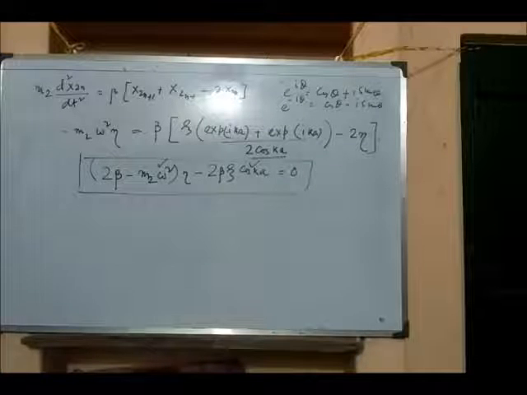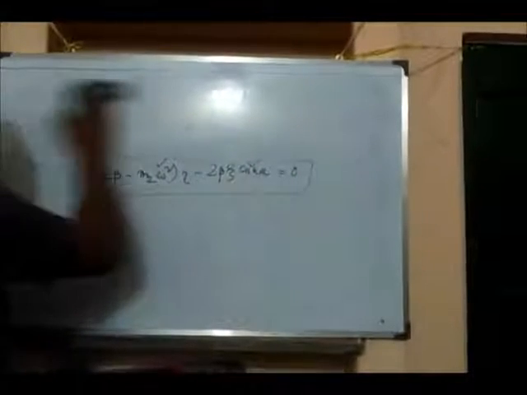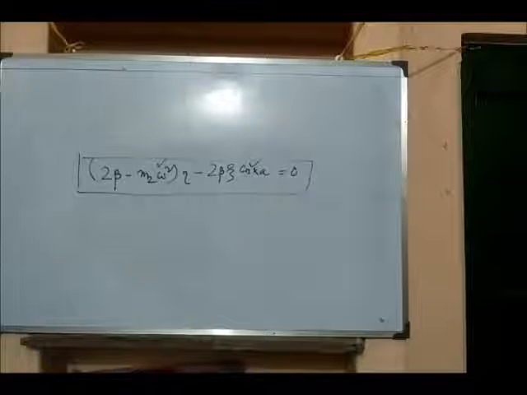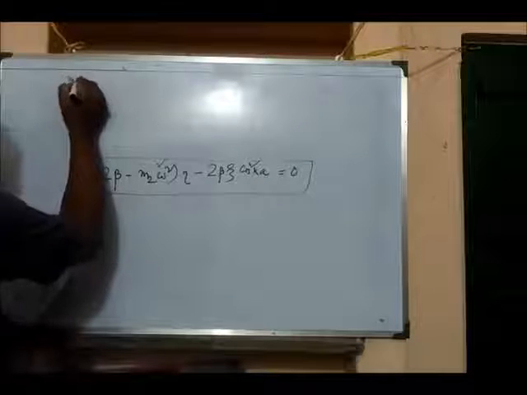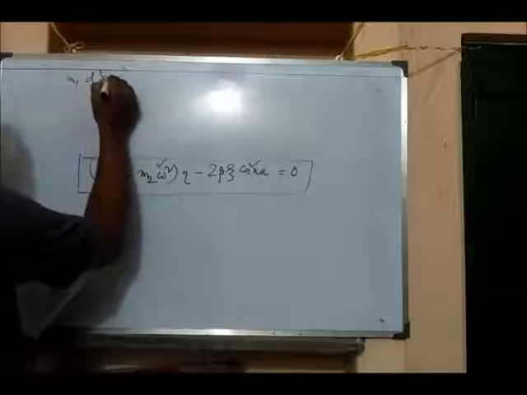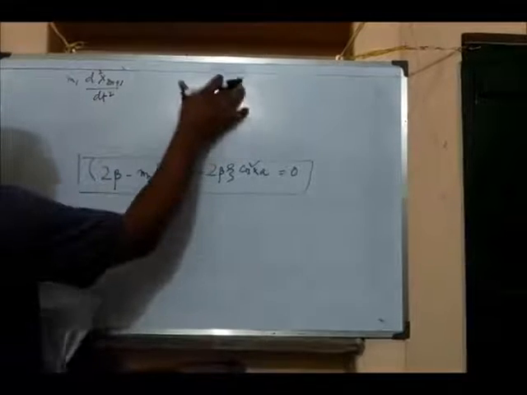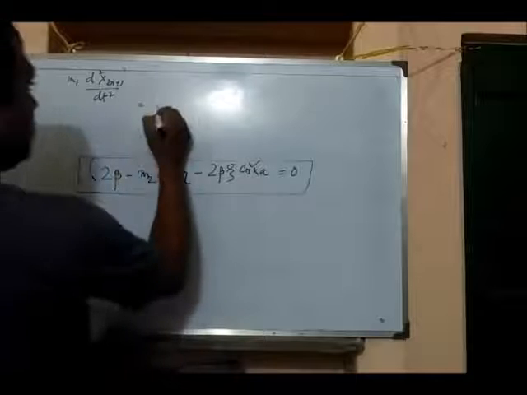Now when you consider the vibration of odd atoms, the equation of motion I first have to write. So m₁ d²x₂ₙ₊₁/dt². As there is light in here, I am writing this equation downward.